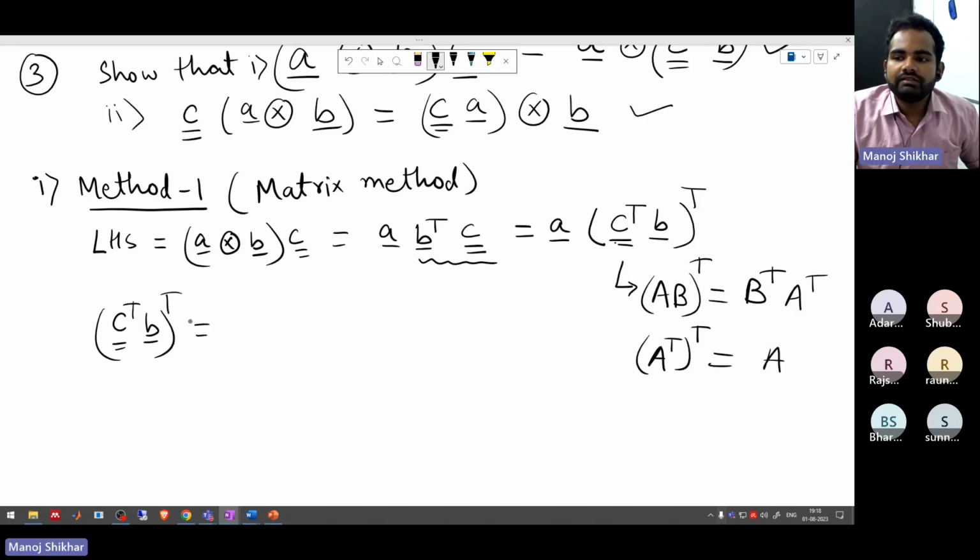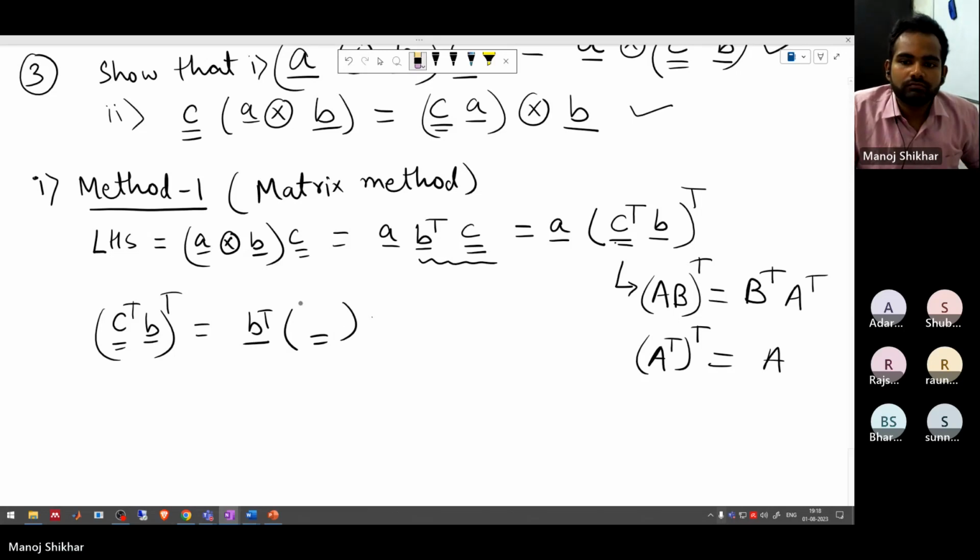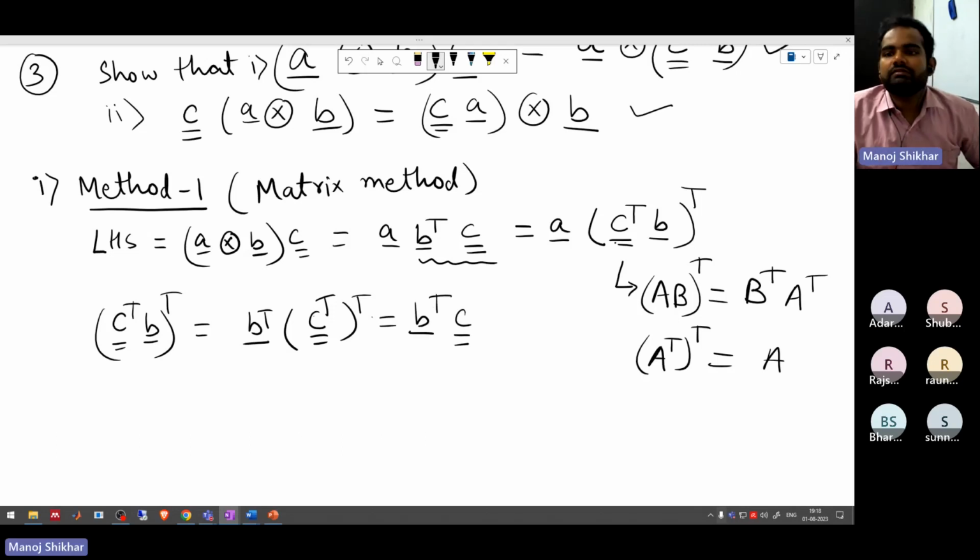Capital B will be replaced by this small one, B transpose, and capital A will be replaced by this one. So what will you get? You will get B transpose into C. So I can make this change, right?